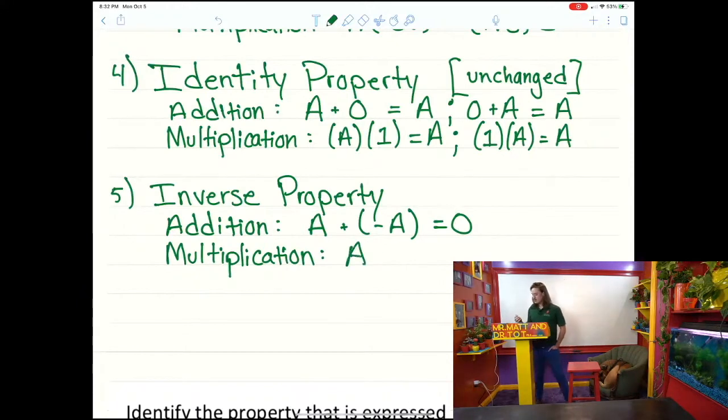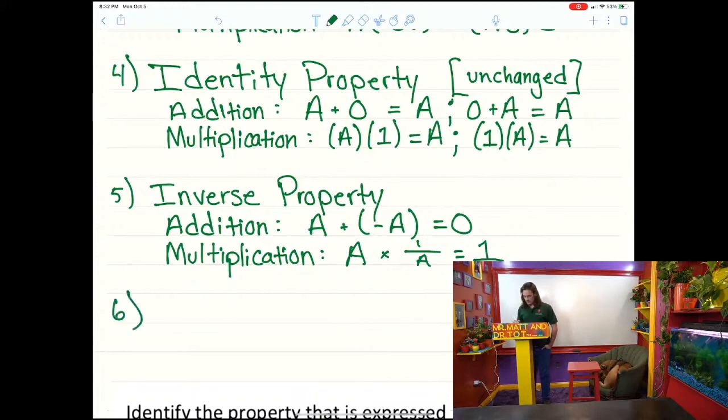This last property deals with both, and this is the distributive property. And this only has one rule because it actually has multiplication and addition in it.